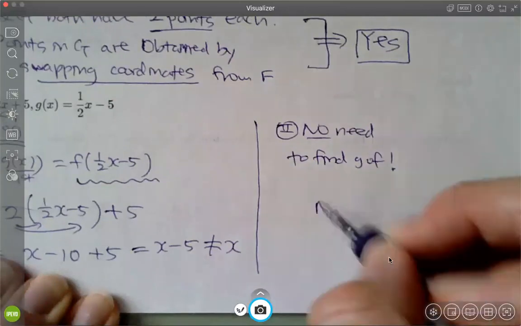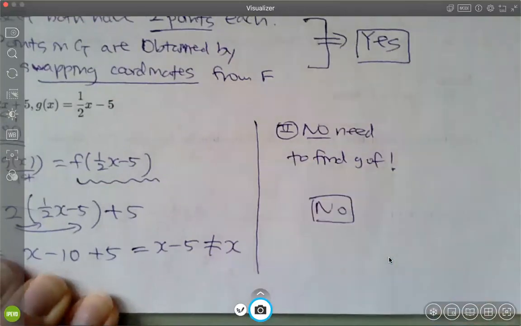No, they are not inverses. Remember, if condition 1 or 2 fails, you don't need to check the other condition because it will be bad anyway.